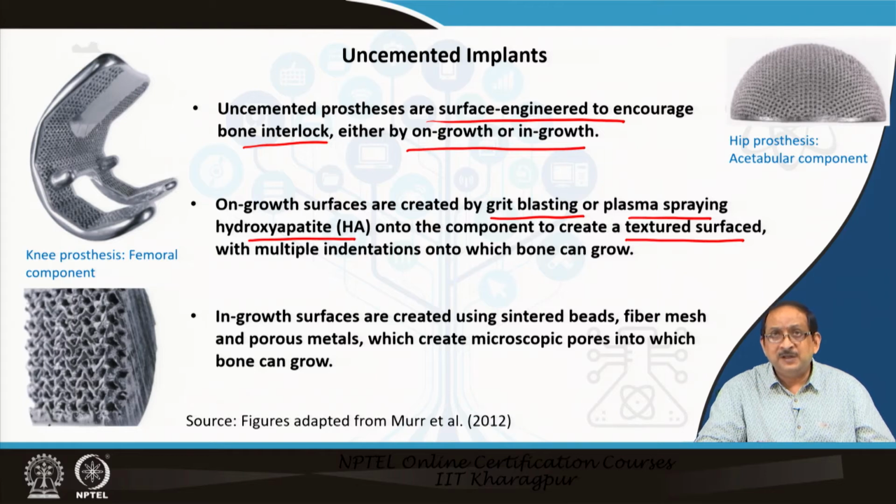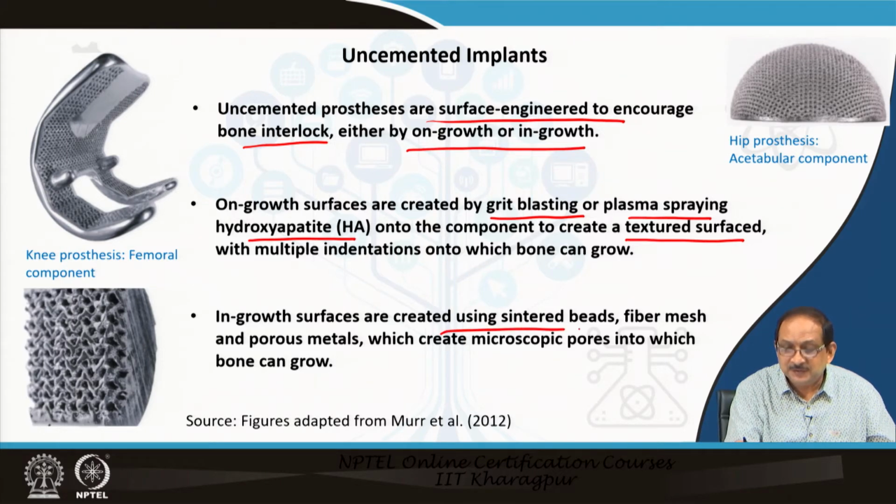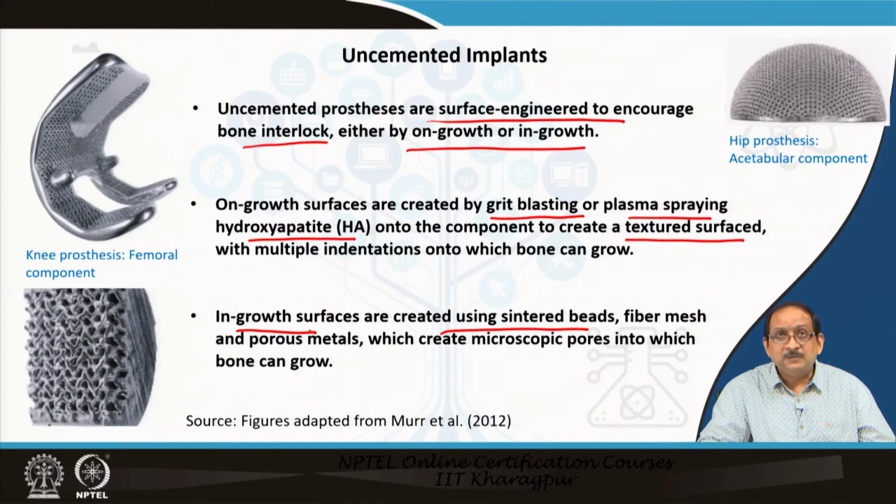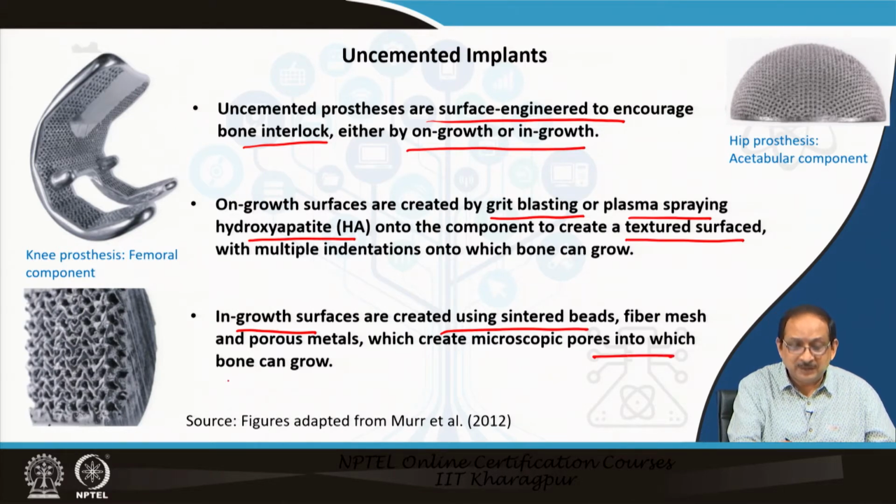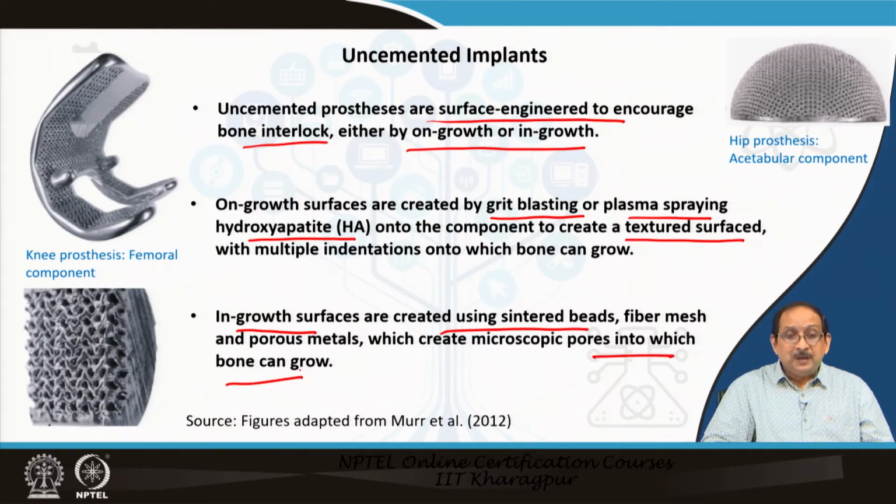Ingrowth surfaces are created using sintered beads, fiber mesh or porous metals, which create microscopic pores into which bone can grow. The potential for improved bonding, thus stability, through coating prosthesis with bioactive materials such as hydroxyapatite and tricalcium phosphate has attracted increasing interest towards uncemented fixation.